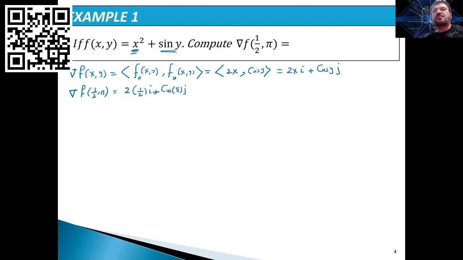And this is equal to i, and cosine pi is -1, so minus j. So here, this is the vector 1 and -1. So the gradient here is 1 and -1. Again, as I said, we're going to explain it later on. What do we mean by the gradient?